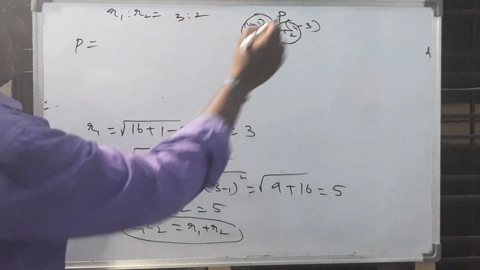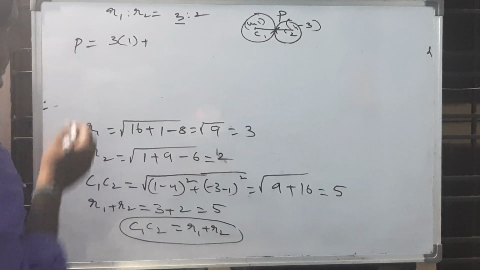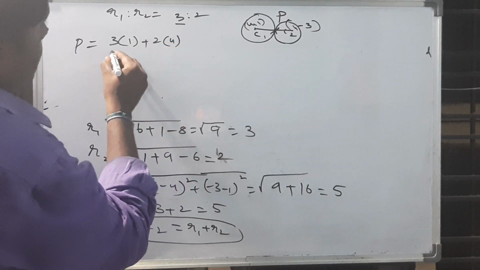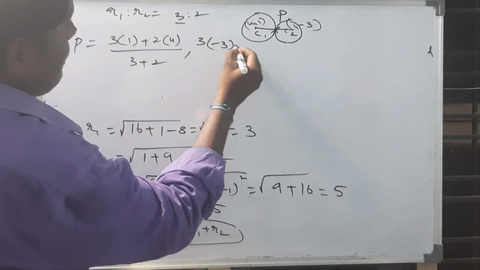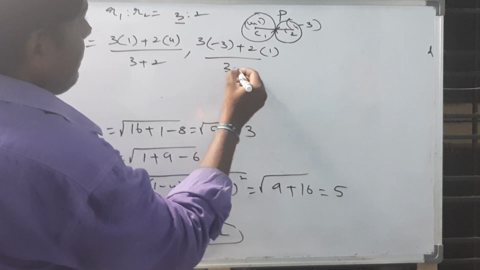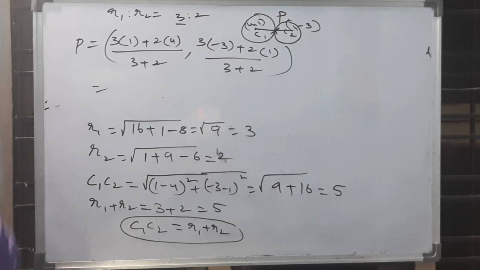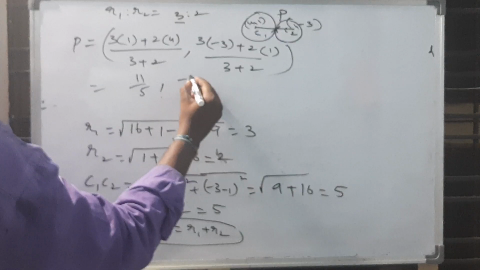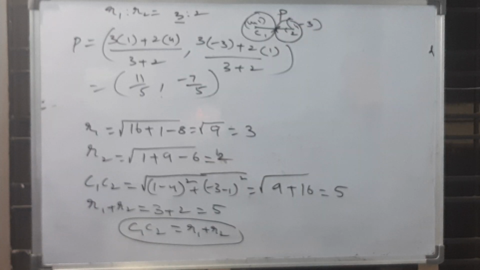M1 is R1, 3 into x2 is 1, plus R2 is 2 into x1 is 4, by 3 plus 2, comma, similarly 3 into minus 3 plus 2 into 1 by 3 plus 2. That is equal to 3 plus 8, 11 by 5, and here minus 9 plus 2, so minus 7 by 5. This is the point of contact.